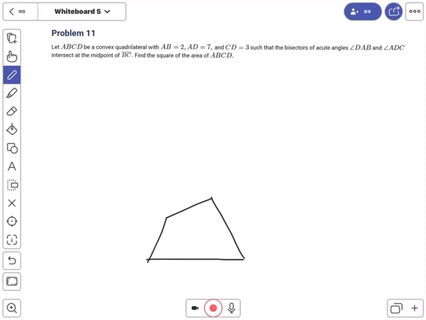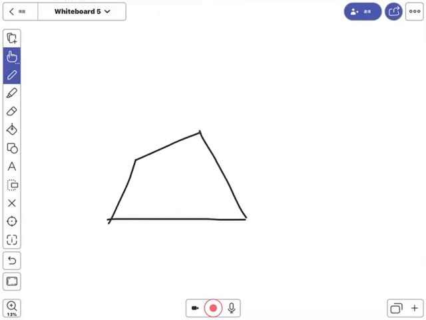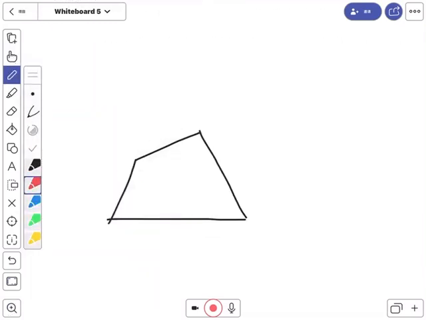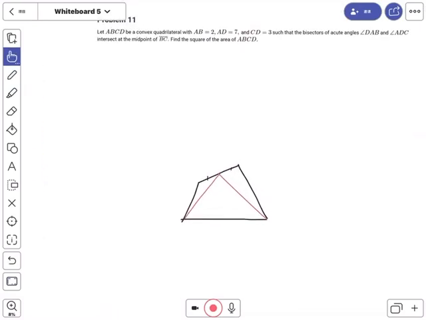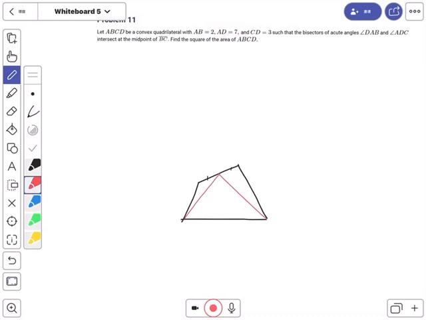Now if I expand this diagram, then these two are the angle bisectors, and these two are equal. So now we're going to label the lengths. We have AB equals 2, AD equals 7, and CD equals 3.